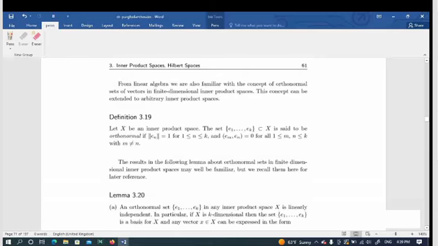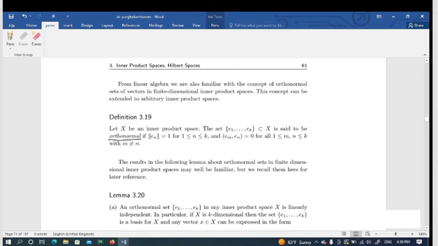Another definition: let X be an inner product space. For the set E1 until Ek as a subset of X, we say that this set is orthonormal. Orthonormal is a little different from orthogonal. When we say that they are orthogonal, it means that the inner product of them is 0.